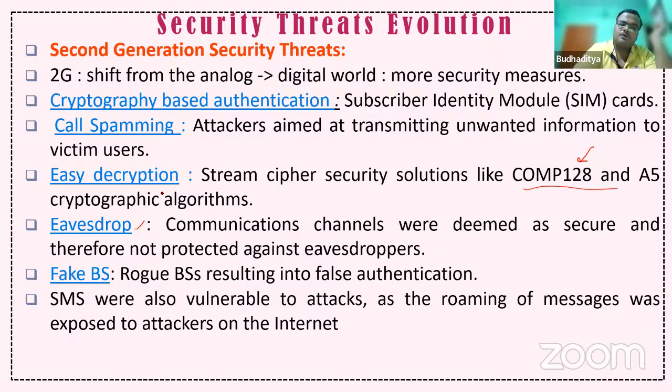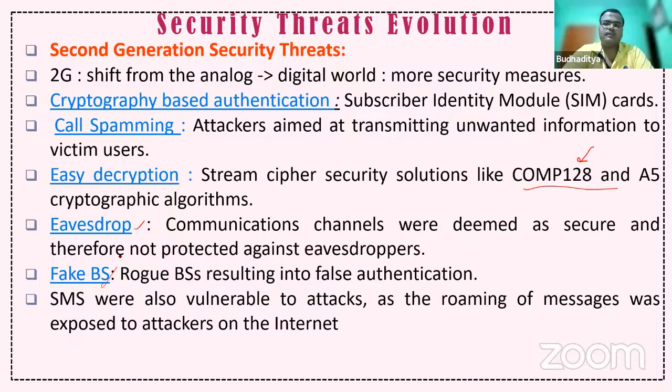So that's why eavesdropping came into the picture. That's why the fake base station came into the picture, where a rogue base station mimics a legitimate base station. That was a major concern. Even if you are trying to make a phone call and the base station is faulty, you are basically authenticating with the false base station, and you are sharing all your information with it.